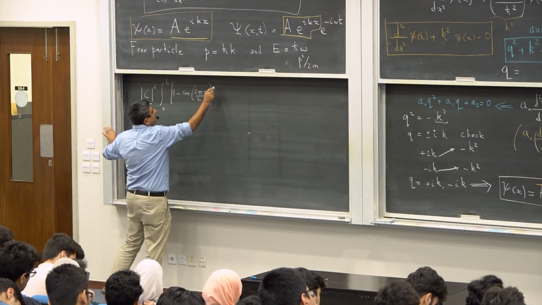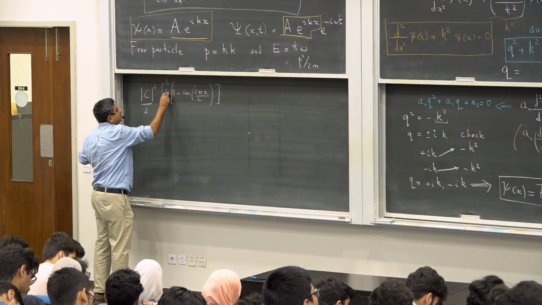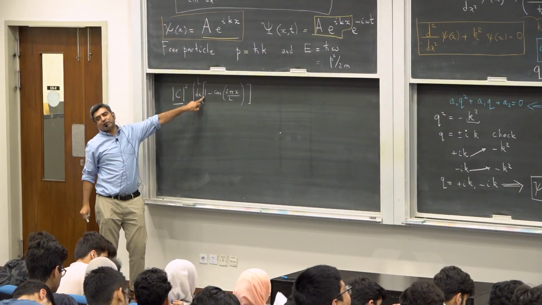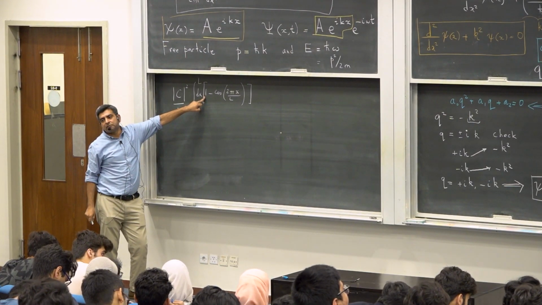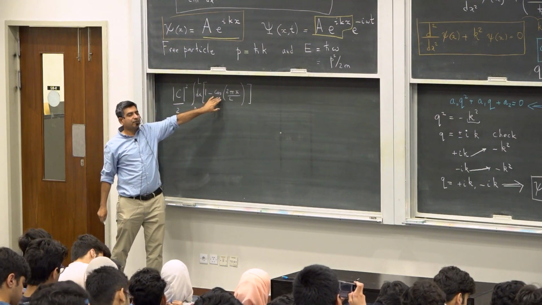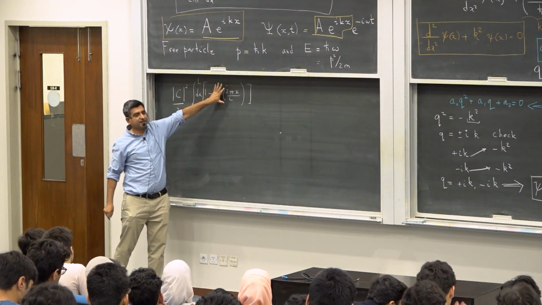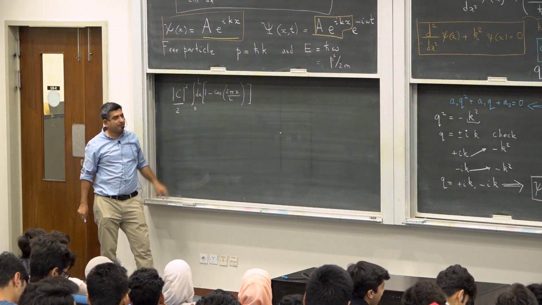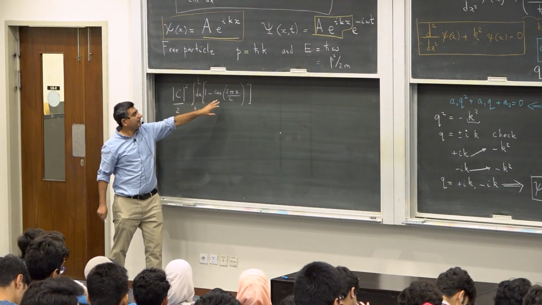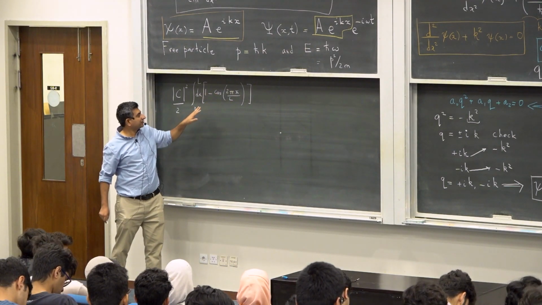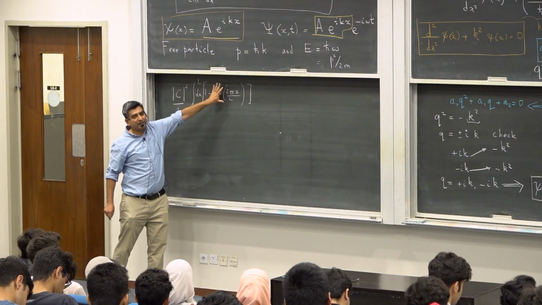Now I take the square of this, C mod square. C is a complex number. What's the integral of a cosine of something? Sine. When I put the limits, this term just vanishes, because sine of 2 pi something is 0, sine of 0 is 0, so I don't care about this term.